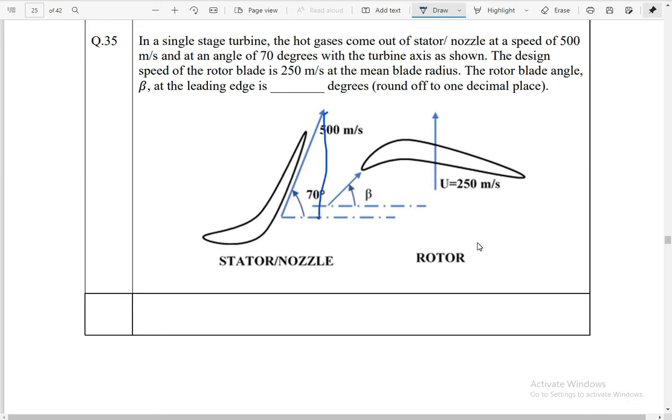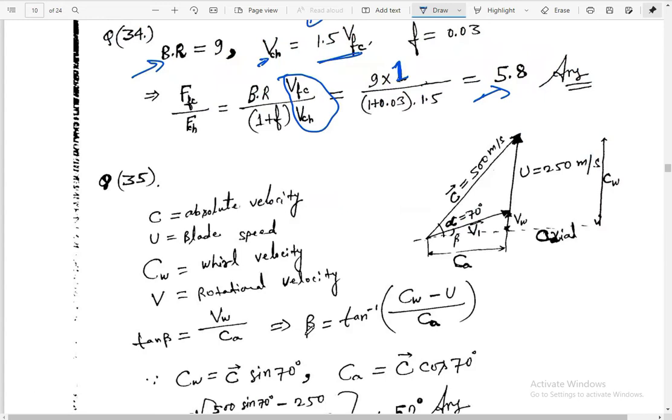We have this line and this line, right? The angle is given, that is 70 degrees, and beta is given from here.